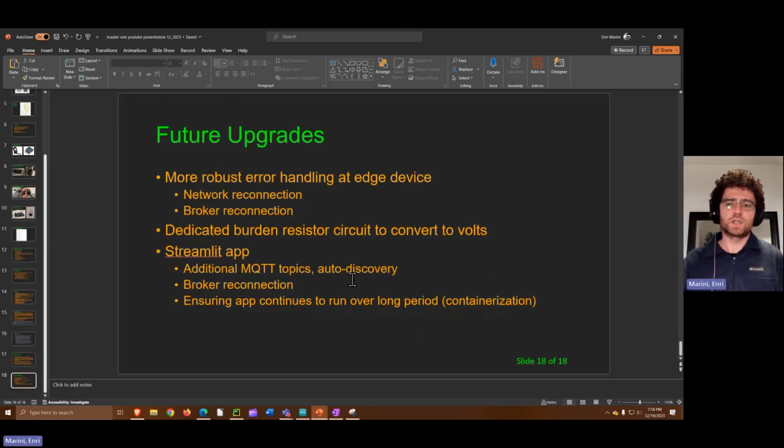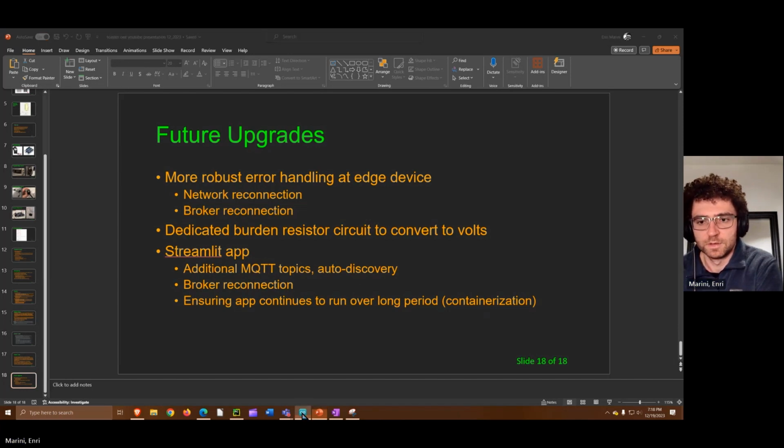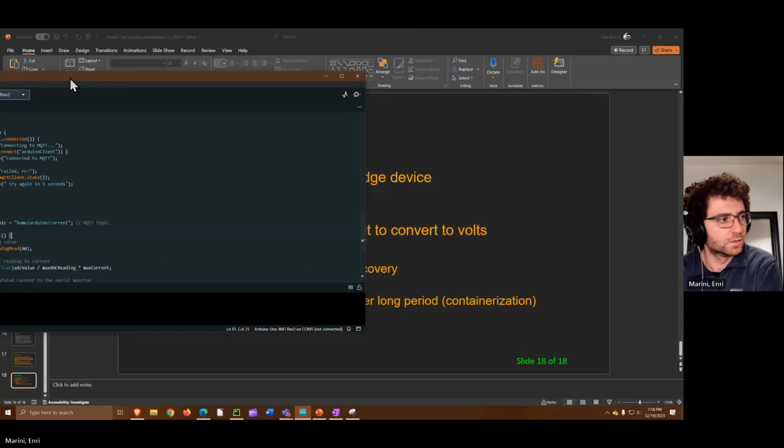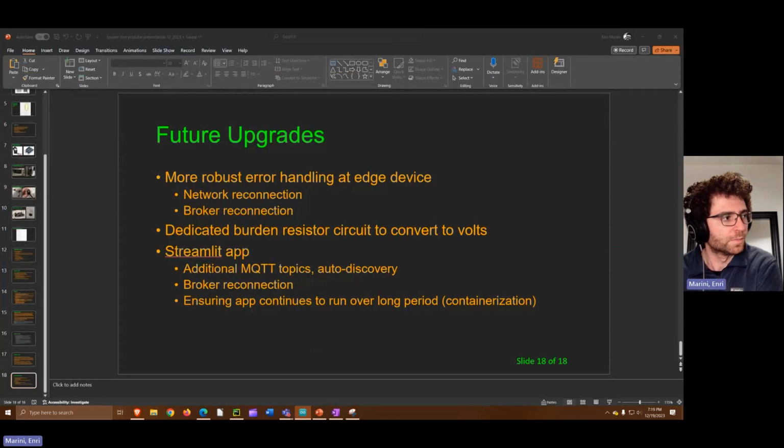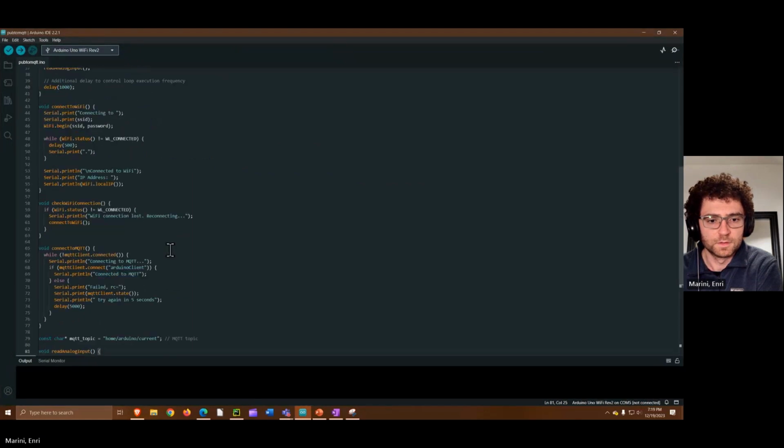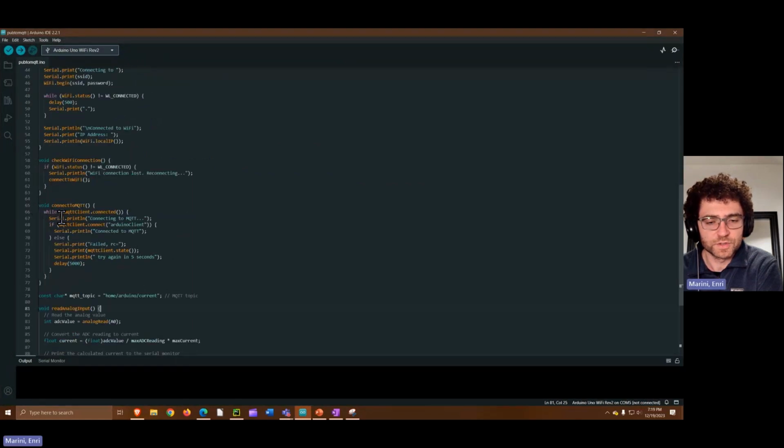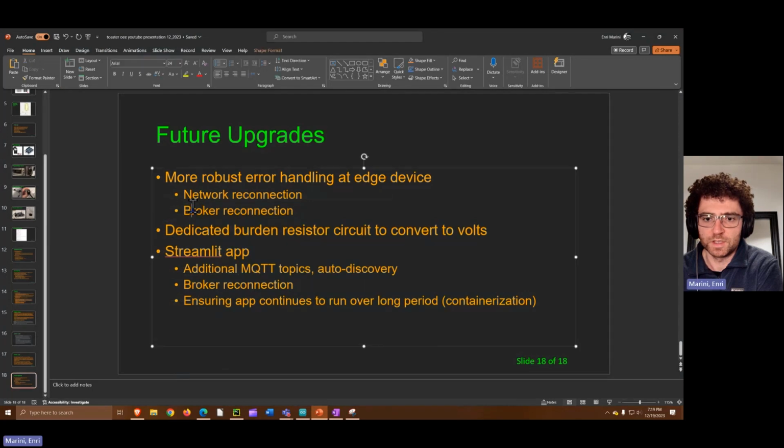When we talk about software development, there are so many things that go into making truly production-ready code. So when you see the Arduino code I made, functions like this one where we're connecting to the MQTT broker, well, in production we need robust handling of network reconnects.